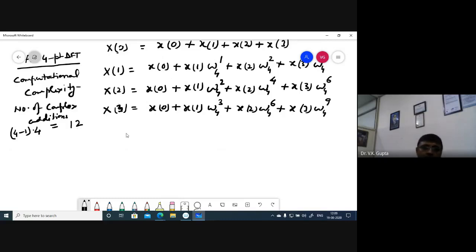In general, for an N-point DFT, we have N minus 1 into N complex additions.